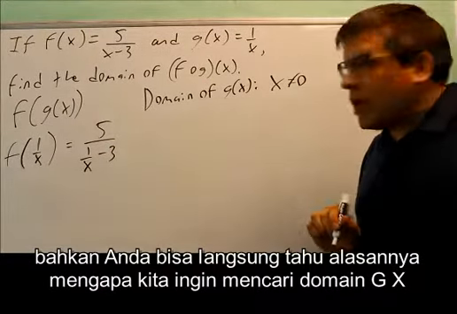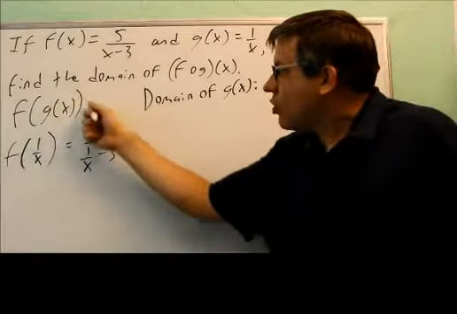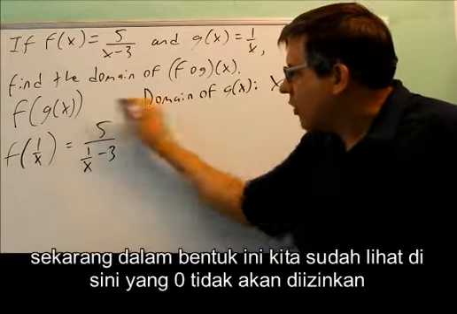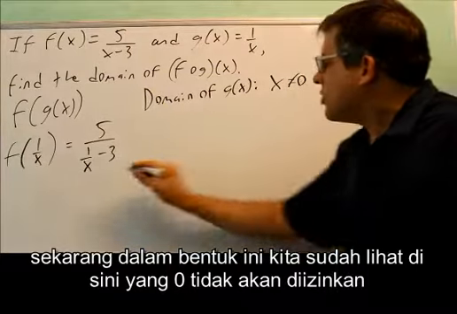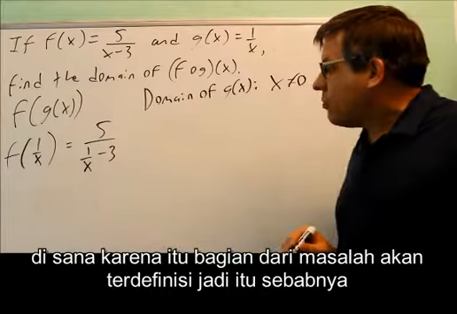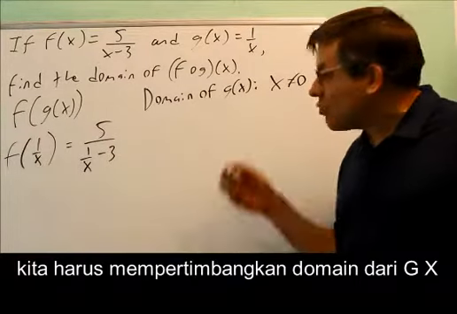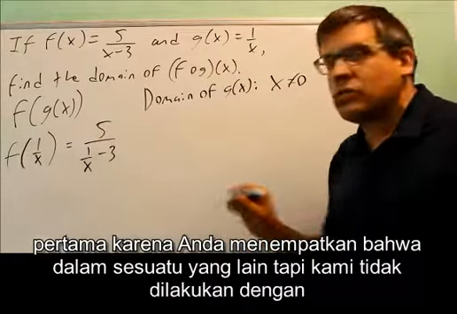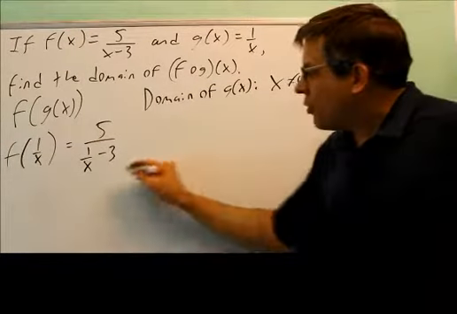You can tell right away why we want to find the domain of g of x first. If we look at this form, we already see that 0 is not going to be allowed in there because that part of the problem is going to be undefined. So that's why we have to consider the domain of g of x first, because you're putting that into something else. But we're not done with this yet.